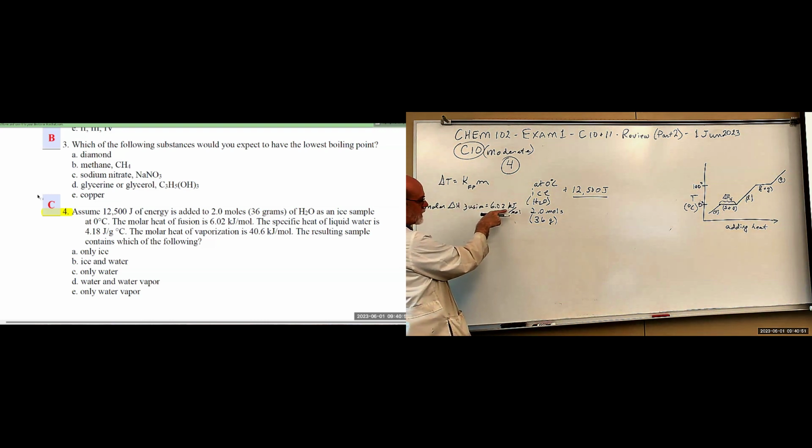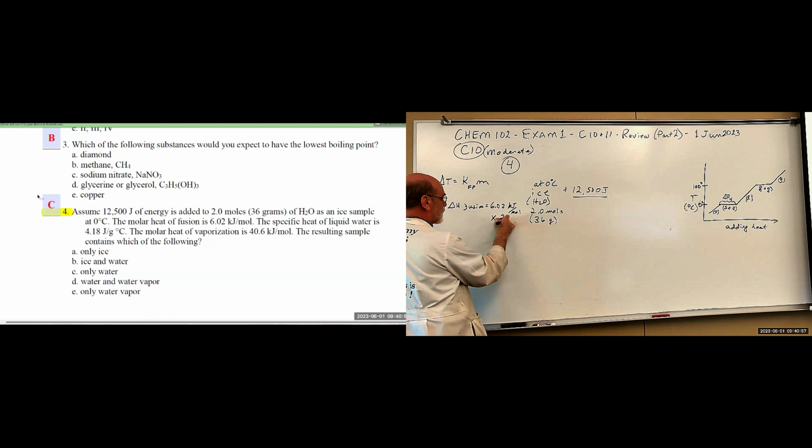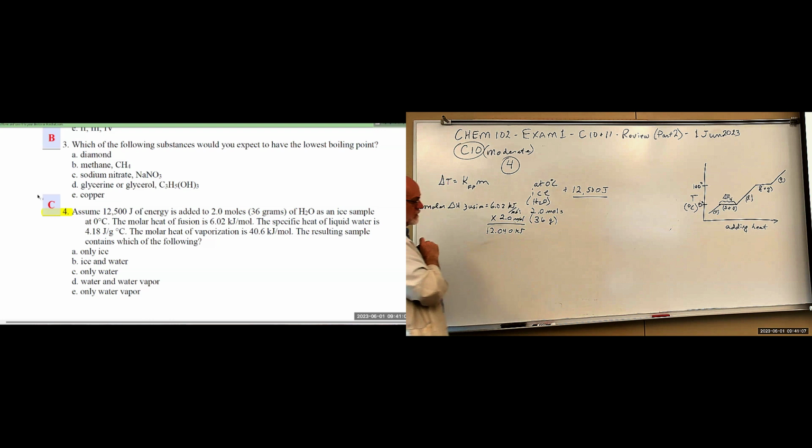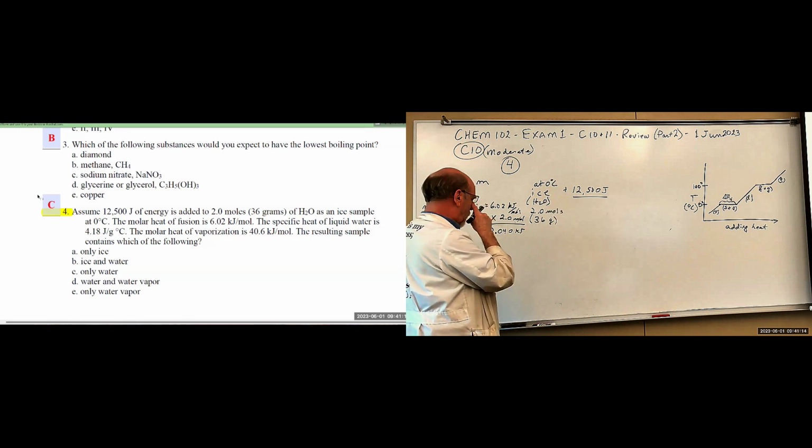Okay, so how much heat does it take to go from solid to liquid? Well, 6.02 kilojoules per mole, but we've got 2 moles, right? So this is times 2 moles, leaves us 12.040 kilojoules, right? Because moles cancel. So that's how much energy it takes to go from solid to liquid.